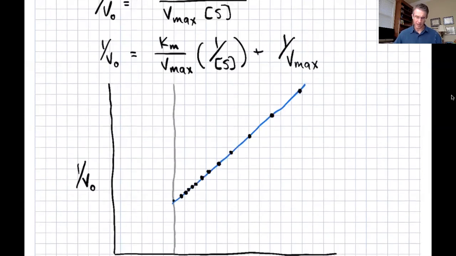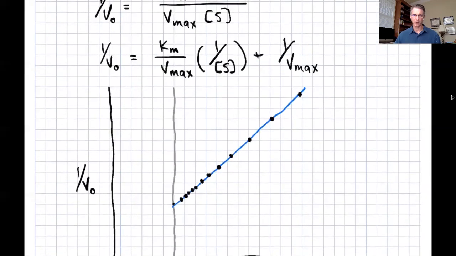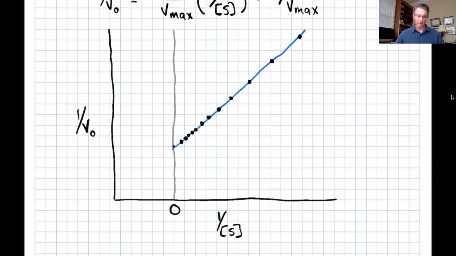When you do this to the Michaelis-Menten equation, your data points at high substrate concentration, remember, it's 1 over S, so your high substrate points down here are compressed close to each other. And your measurements at much lower substrate concentrations are spread out further down the plot.